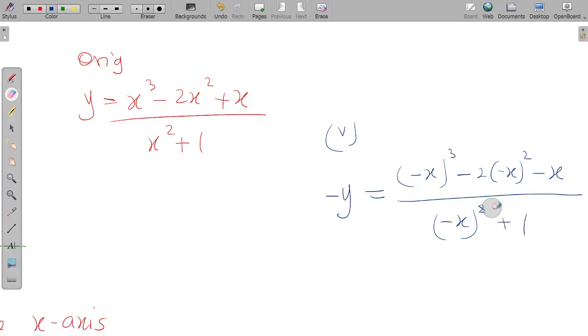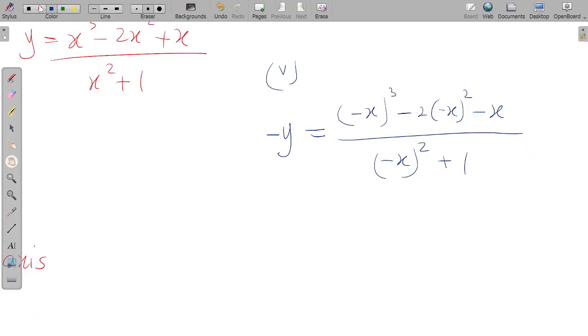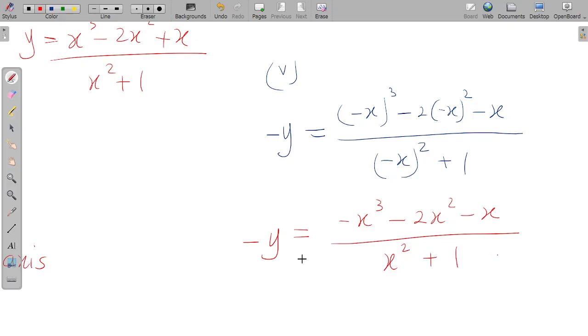Okay, so let's try to simplify and see if it will give us the same equation. Negative y becomes negative x cubed minus 2x squared minus x, all over positive x squared plus 1.